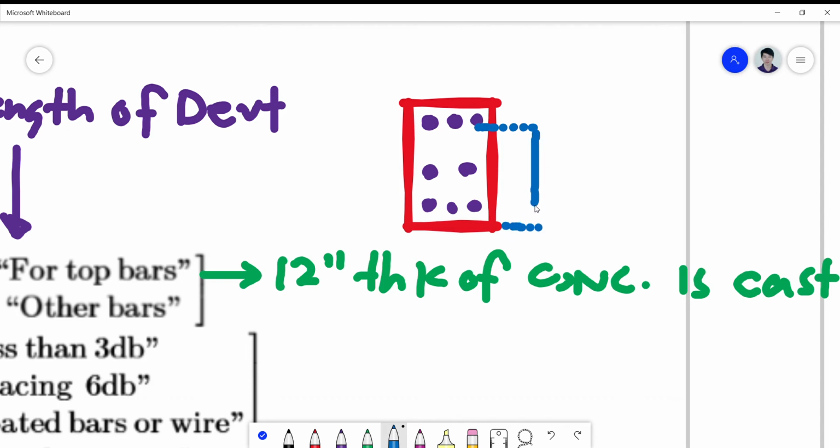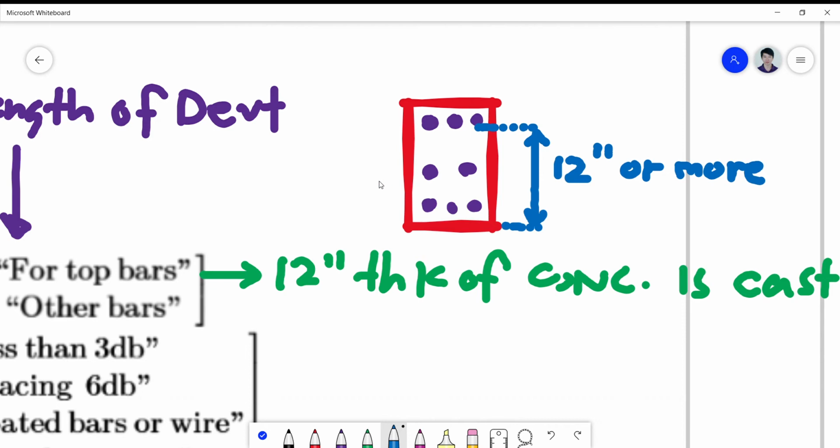So this measurement should be at least what? According to the definition, it should be at least 12 inches or more. Okay, so when this distance is at least 12 inches or more, then the bars are top bars.